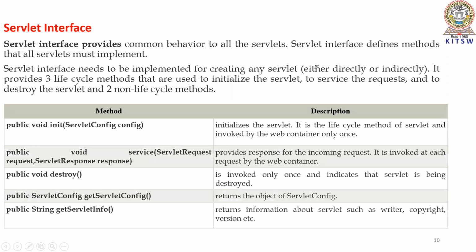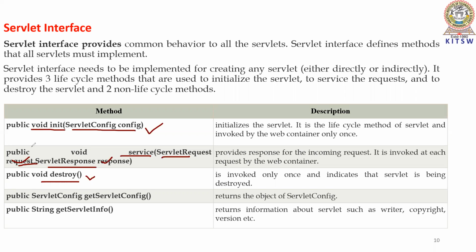Once you look at the methods: the init method, this is a lifecycle method. It accepts one parameter. Next, the service method. This is also a lifecycle method. It accepts two parameters, the ServletRequest parameter and the response parameter. Next, the destroy method. This is also a lifecycle method.